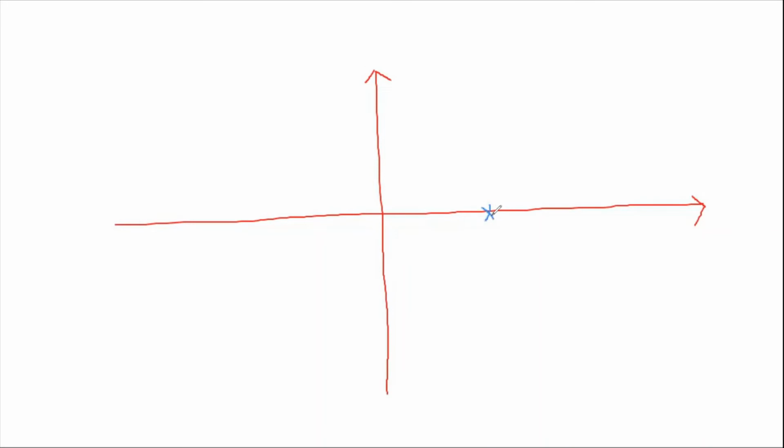We have a pole at, let me draw it on the right side. There is one pole at minus 1, there is one pole at minus 3.